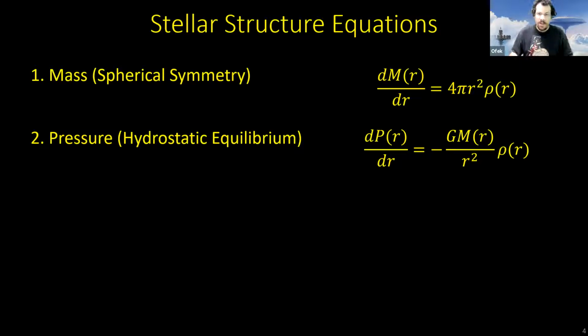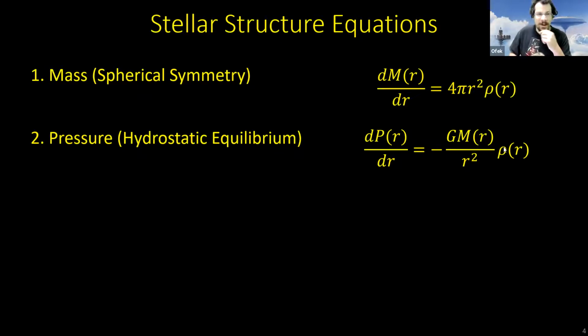The pressure, as we said, is determined directly by the equilibrium, or the hydrostatic equilibrium. That is, the pressure can only grow in exactly the right amount to counter gravity from the addition of mass.